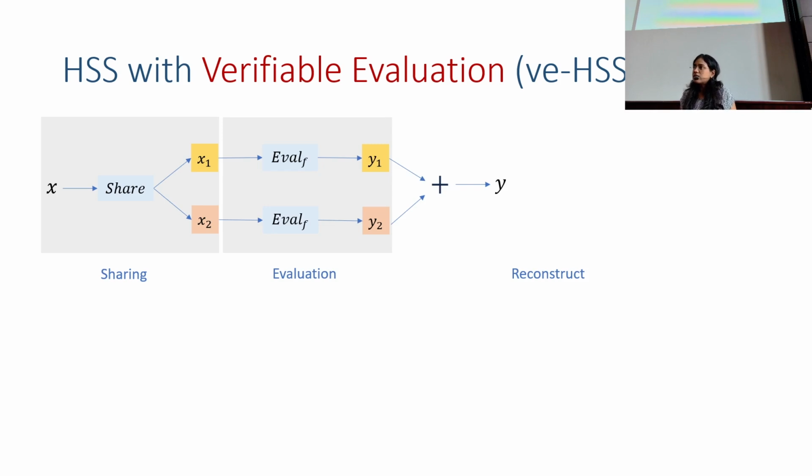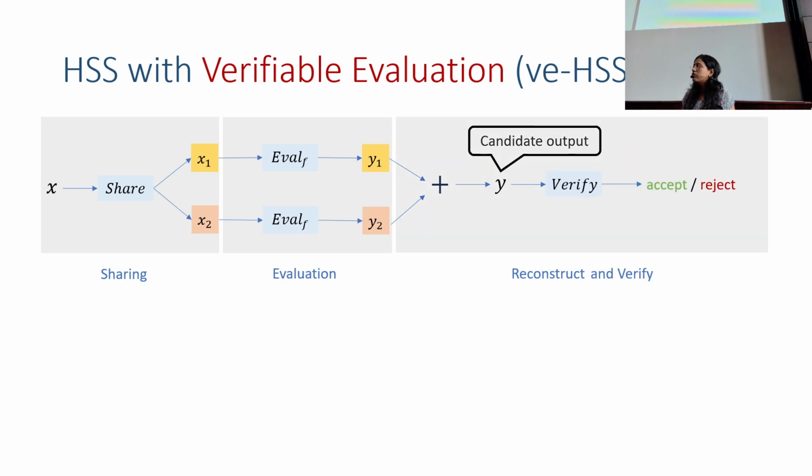As we just discussed, since we assume that the people evaluating on these shares could potentially be malicious, we assume that this output Y that's computed during reconstruction is only a candidate output. So in addition to all of these algorithms, we also have a verification algorithm that helps us verify correctness or validity of this candidate output.